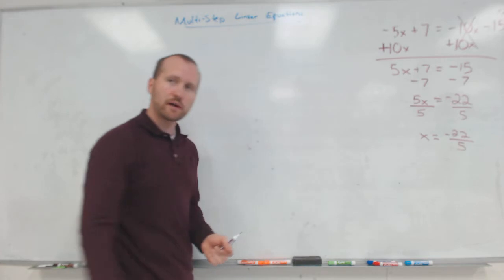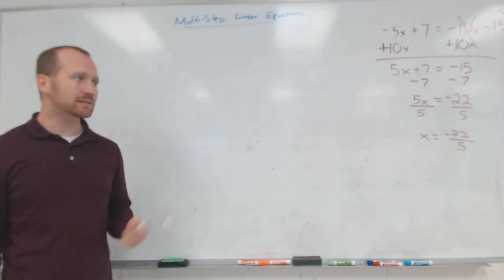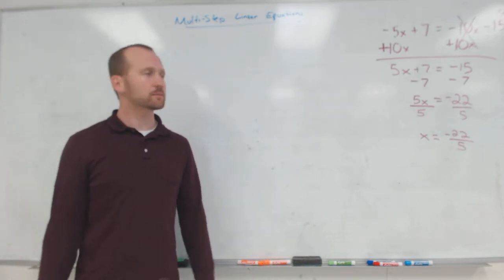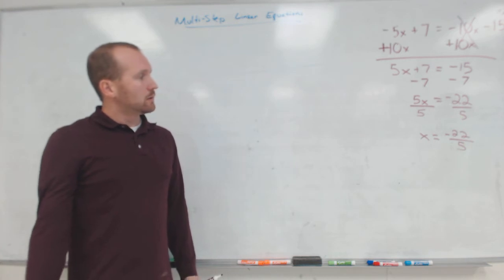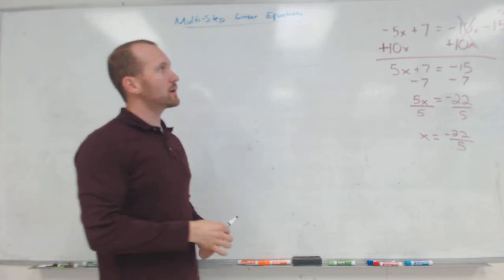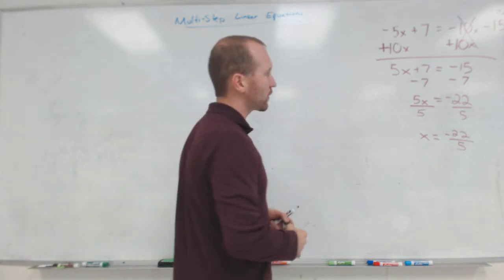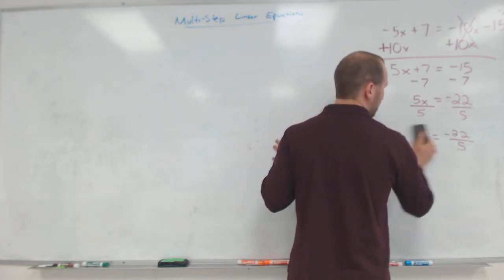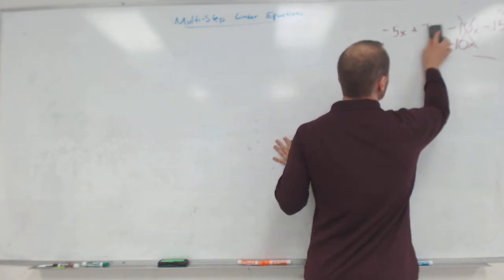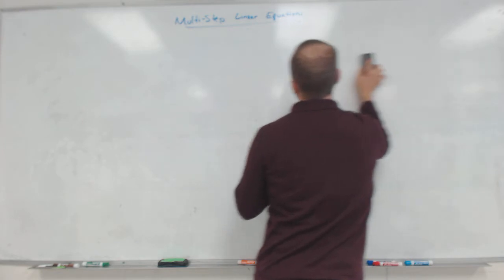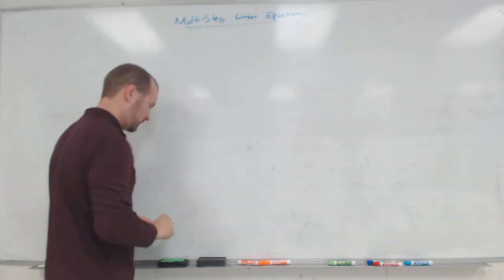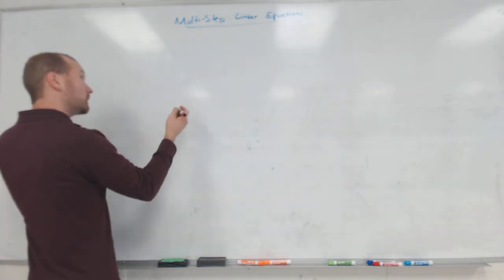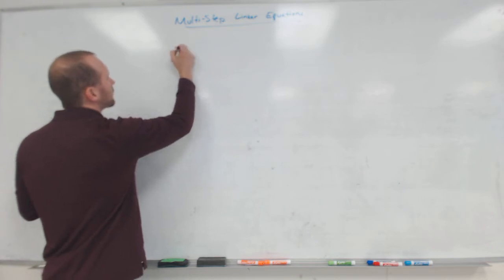No number goes into 5 that also goes into 22, except 1, but that doesn't help us, right? So we always get rid of the smaller number of x's first when we have x's on both sides. How about this? If I had something like this.